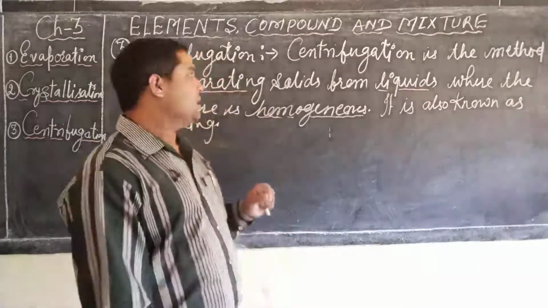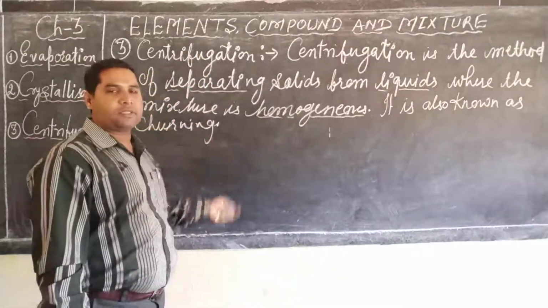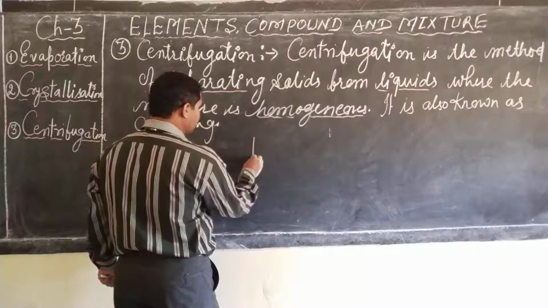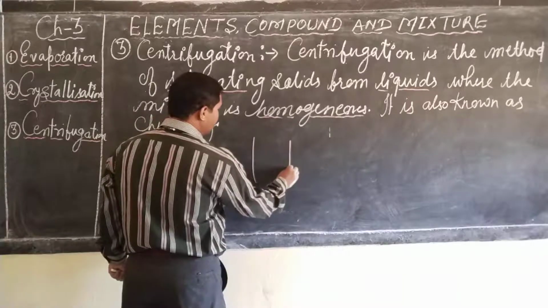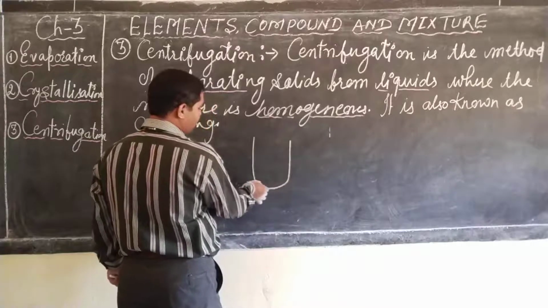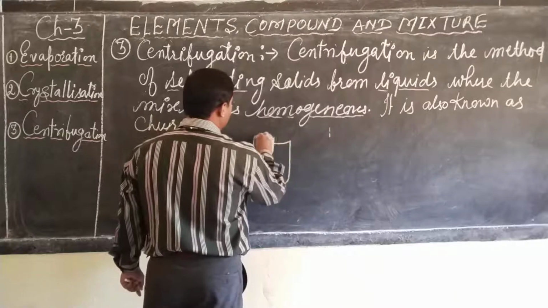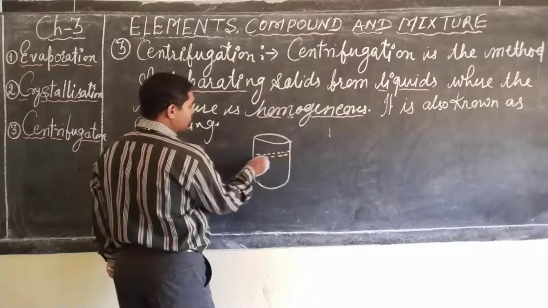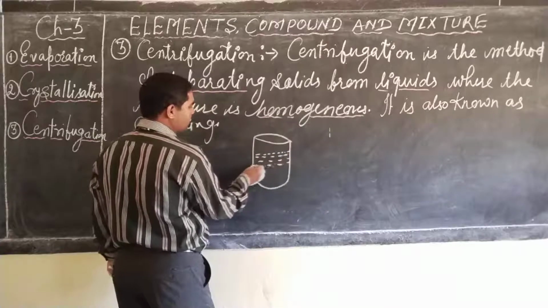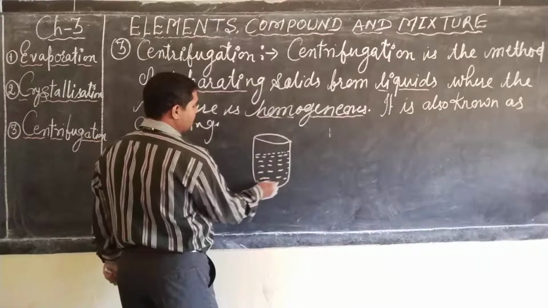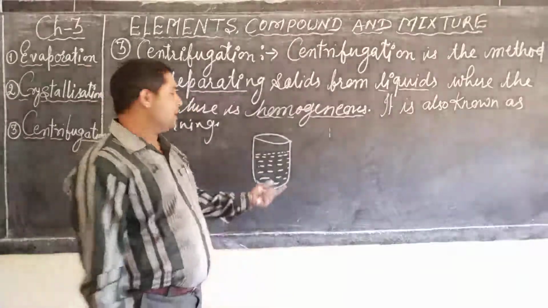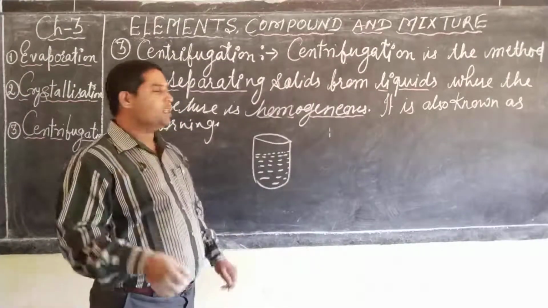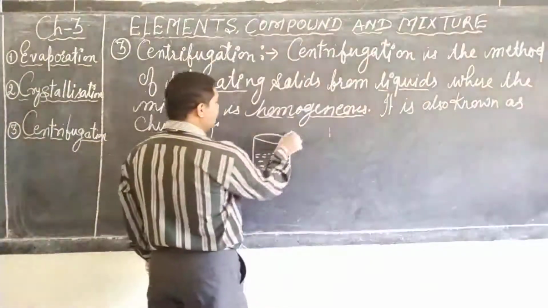We can understand the centrifugation process with the help of a diagram. Take a beaker, half filled, or in place of a beaker, take a centrifuge tube and fill it with milk.